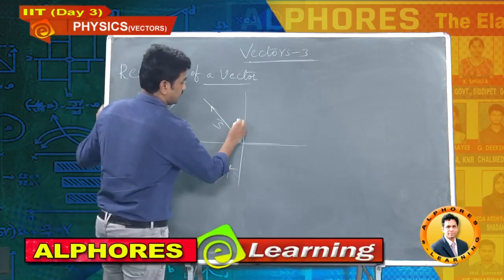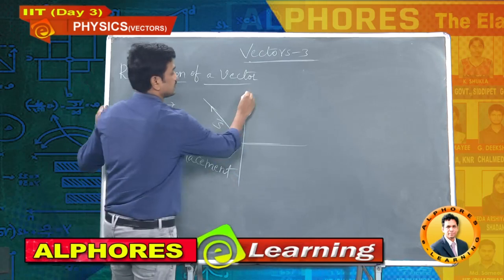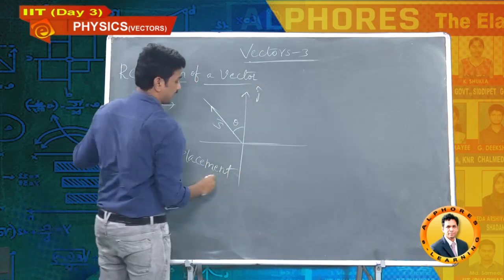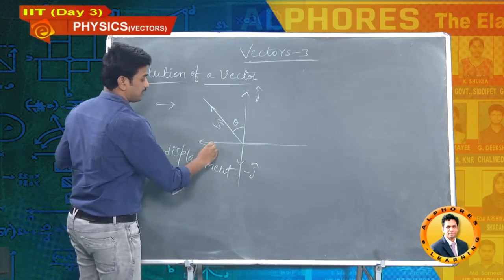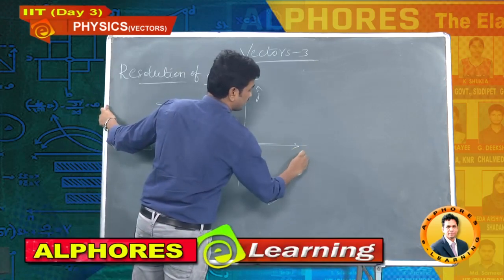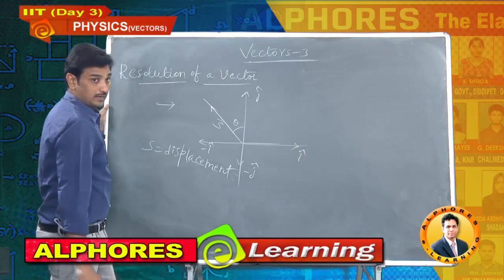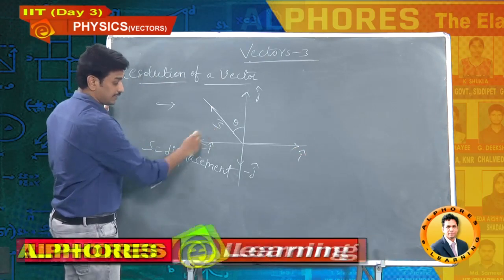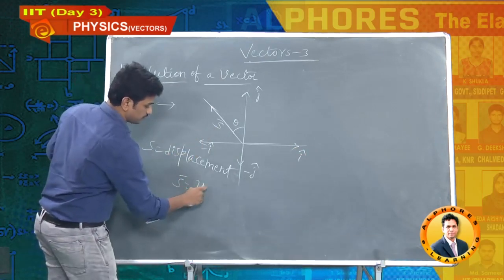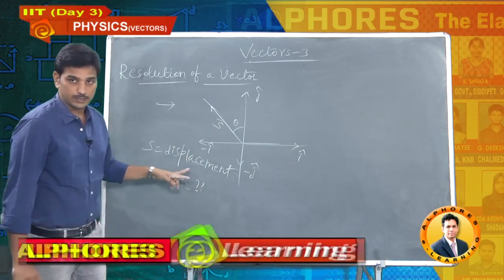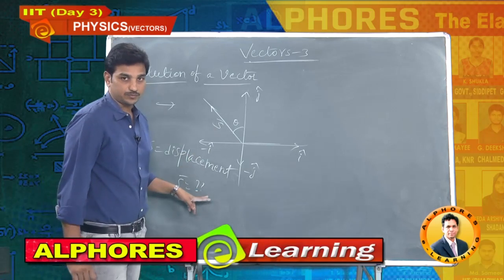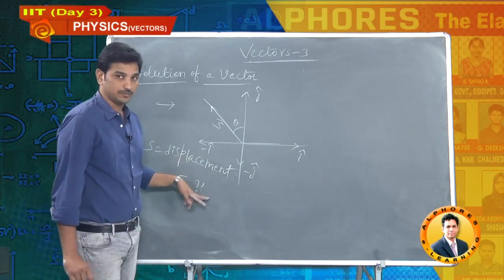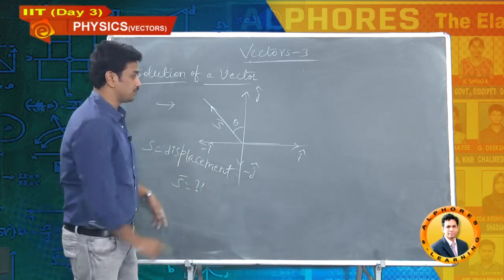S. Now this is theta. This direction plus j cap, this direction minus j cap, this direction minus I cap, this direction plus I cap. Can you write S bar vector? Yes, you can try that. 100% you can try that. You will get the answer, simple.